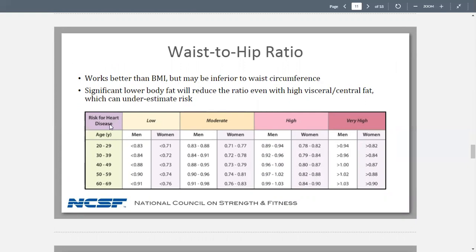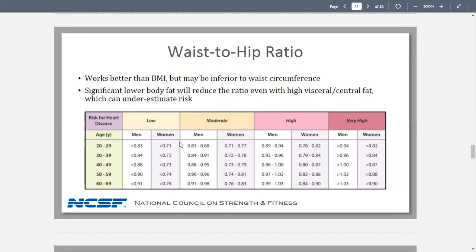So the risk for heart disease at the different ages: if the ratio is less than 0.83 for men or less than 0.71 for women, you'd be in the low risk category. If it was over 0.94 for men or over 0.82 for women, you'd be in the very high risk zone.